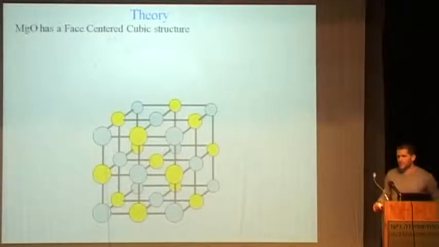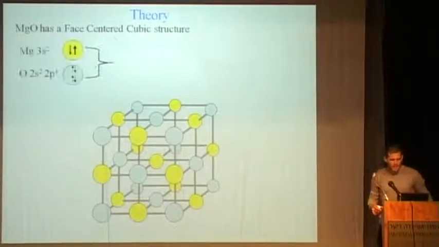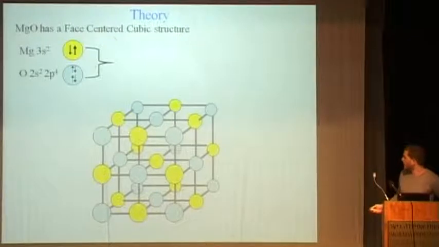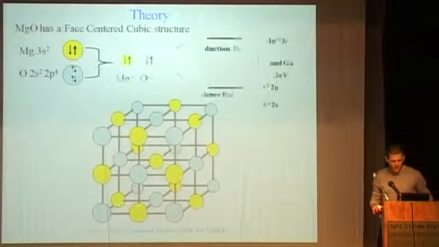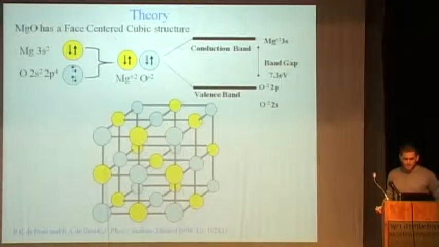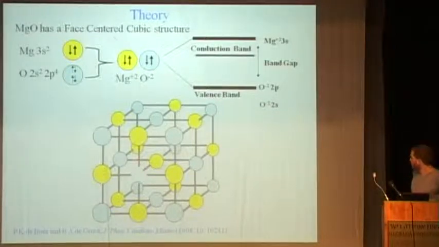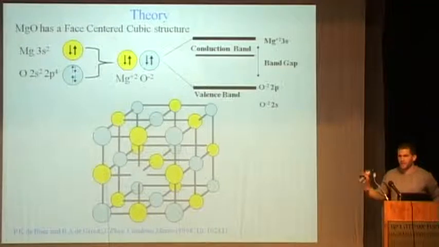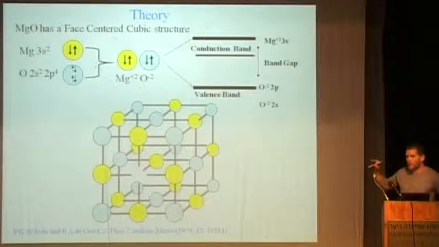Now, some theoretical background. Magnesium oxide has an FCC structure and is assembled from magnesium and oxygen. You can see the energy levels. The valence band is mostly from the oxygen levels, and the conduction band is from the magnesium levels. When we have a vacancy, we can have a localized energy level inside the band gap, lowered from the conduction band or above the valence band.